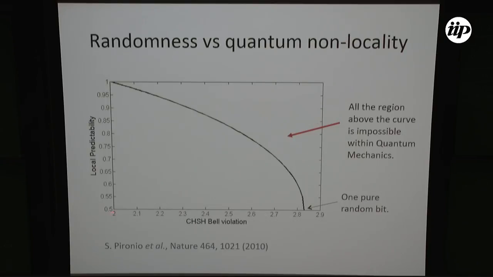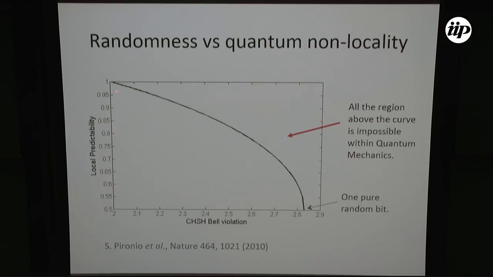So we can prove that for any Bell inequality violation, you can bound the probability I have on your numbers. You see here, remember for CHSH the classical bound was 2. At this point, I have perfect predictability. I'm trying to guess your output, and your output takes 2 values.